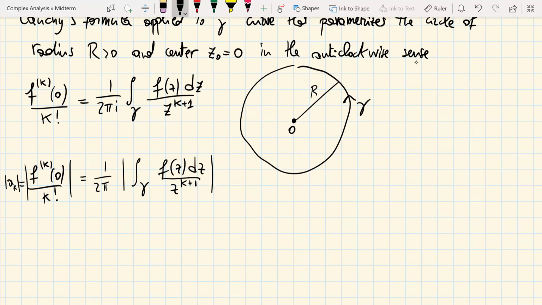How can we estimate the norm of the integral? This is done using a formula that you learned during the class, using the length of the curve. So this is 1 over 2 pi times the maximum of the norm of f(z) divided by z to the k plus 1 over gamma, times the length of gamma.